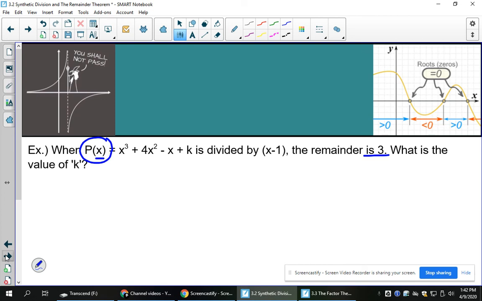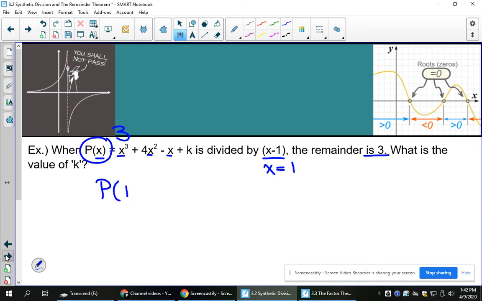We're going to sub the root in for x, and the remainder will be the value p of x. So this part, the y value, is 3, and all the little x's are going to be 1. Remember to switch the sign. So this is what it's going to look like.